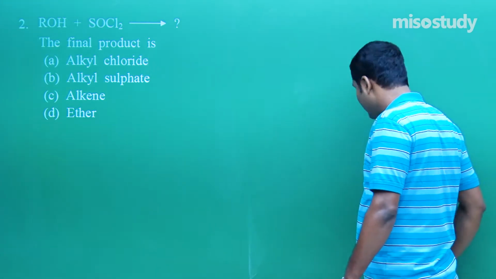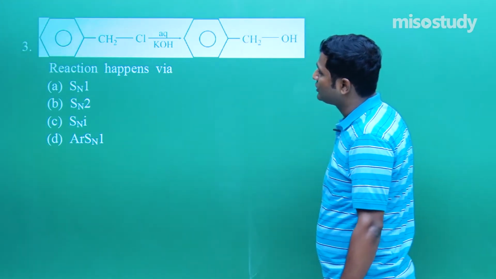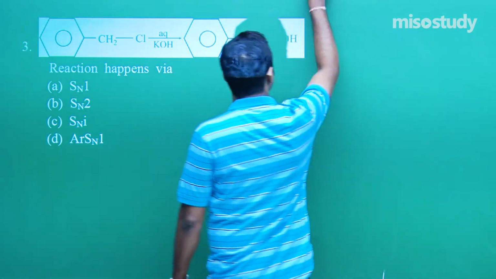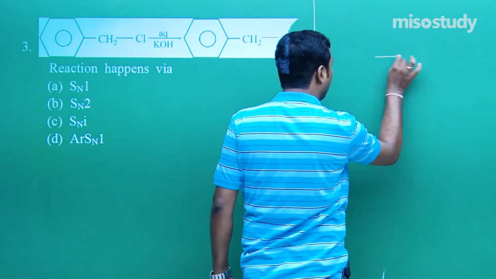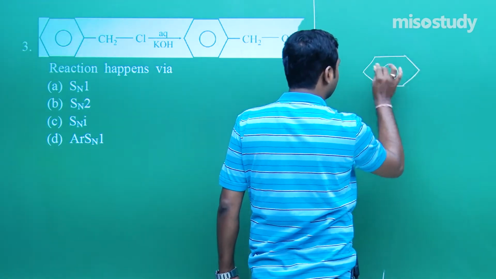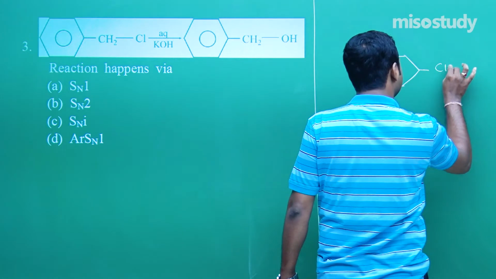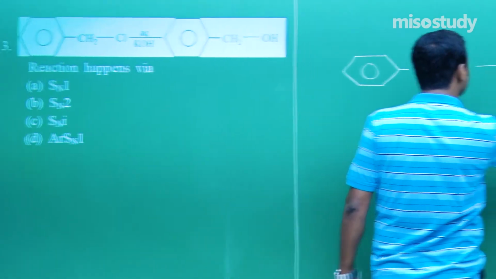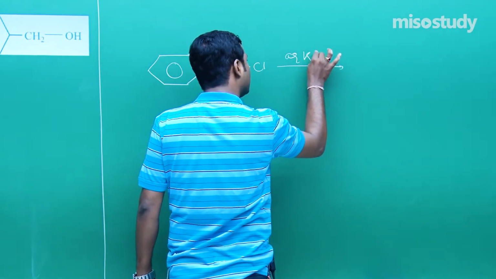Let's move to the next one, that is question number 3. Look at this reaction. This is a type of reaction like this. C6H5CH2Cl and aqueous KOH.